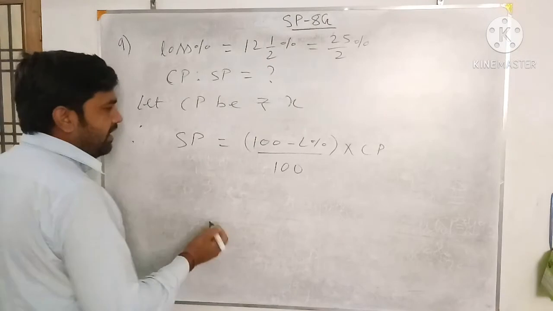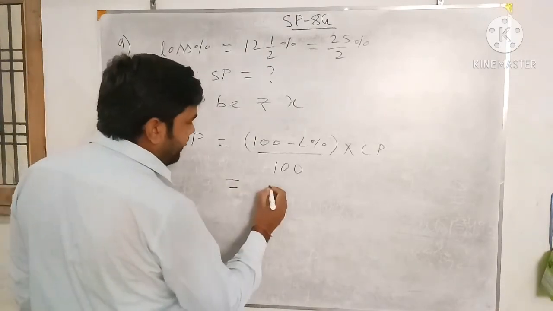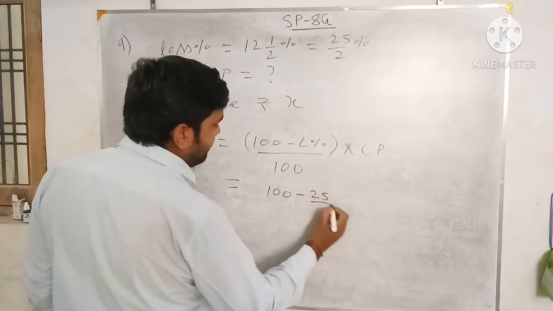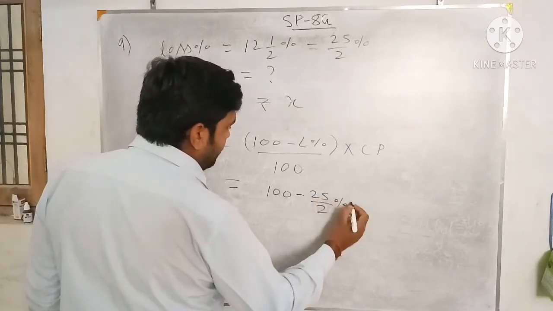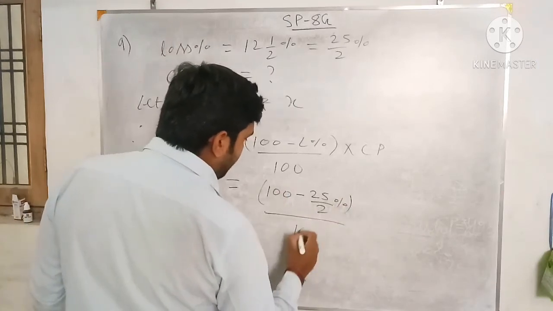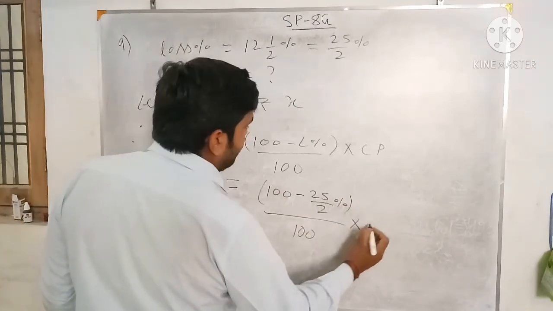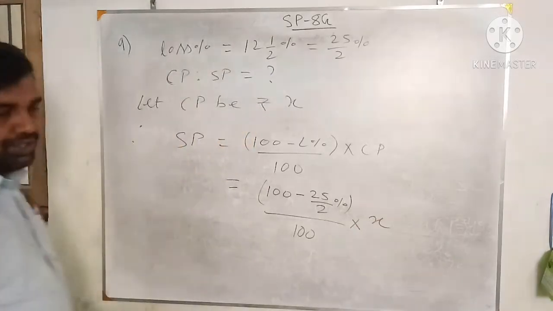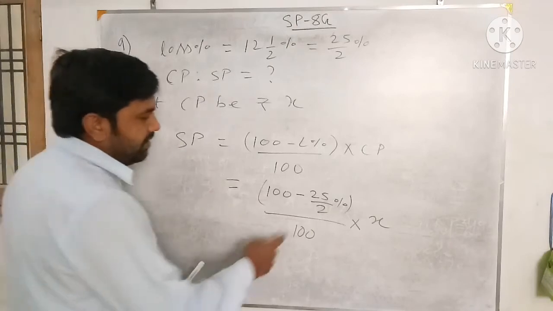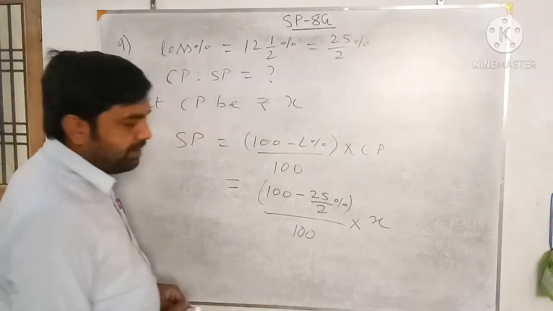Now we will get the selling price in terms of X. See what we get: 100 minus 25 by 2 %, upon 100 into cost price X we have supposed. So 100 minus this you will calculate, that is 25 by 2 means 12.5%.